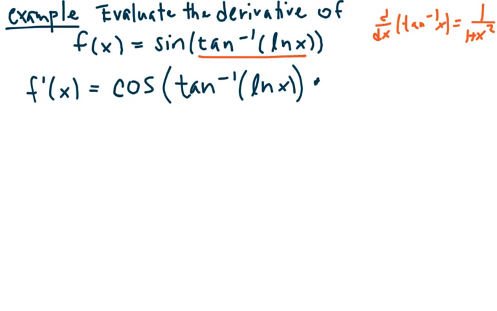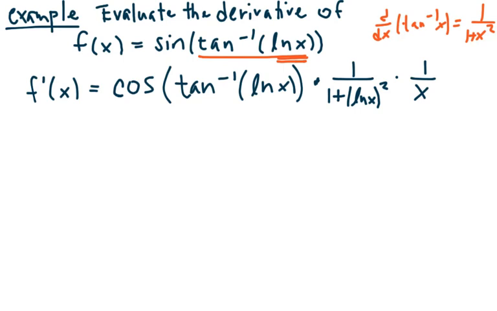The argument in this case is an x, so the derivative of tan inverse of x is 1 over 1 plus x squared. Now we have a slightly more complicated argument, ln of x. So we're going to be multiplying by 1 over 1 plus the natural log of x squared, times the derivative of the natural log of x, which is 1 over x.